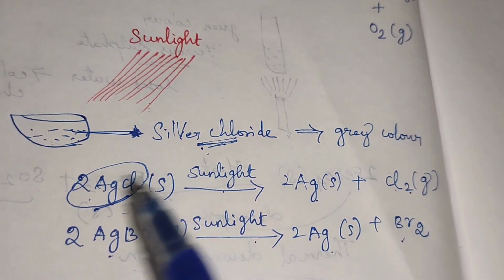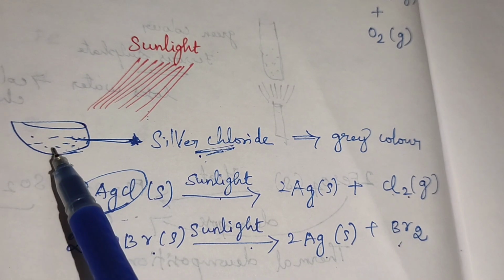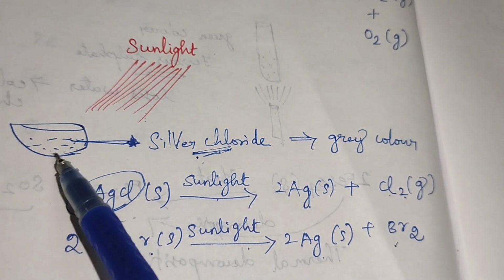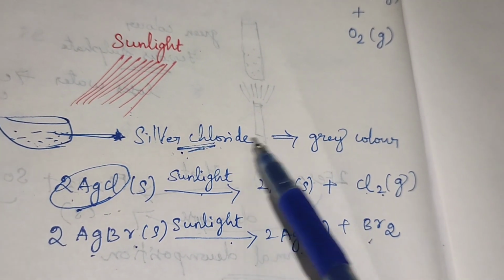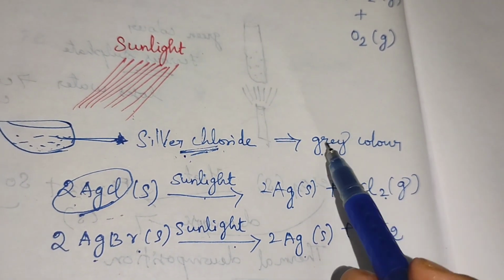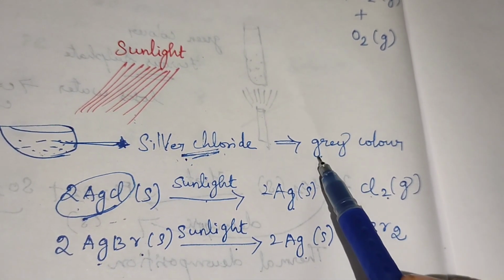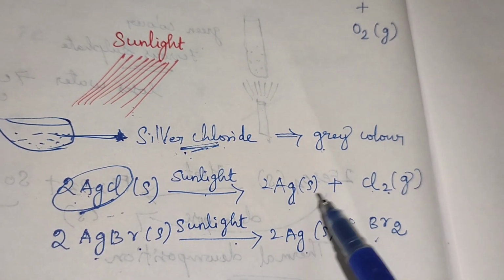Here is another example. I am taking some silver chloride in a plate. Then I kept that plate in the presence of sunlight. When sunlight falls on the plate, the silver chloride changes color to grey. How does this turn grey? Because the silver chloride decomposed into silver and chlorine.